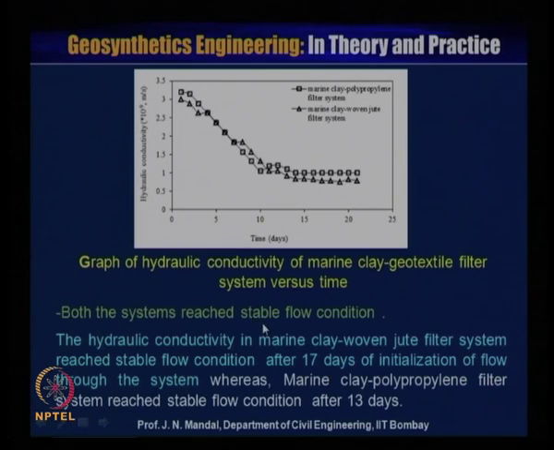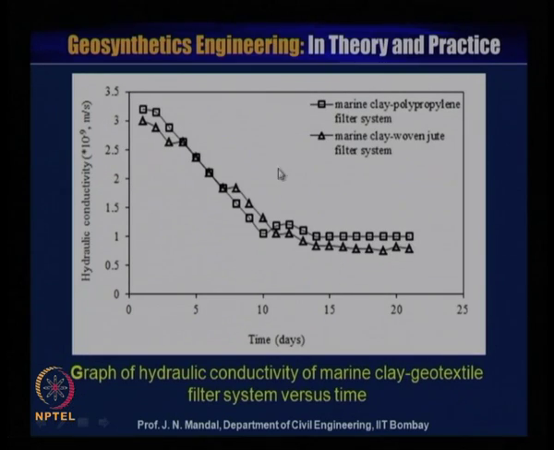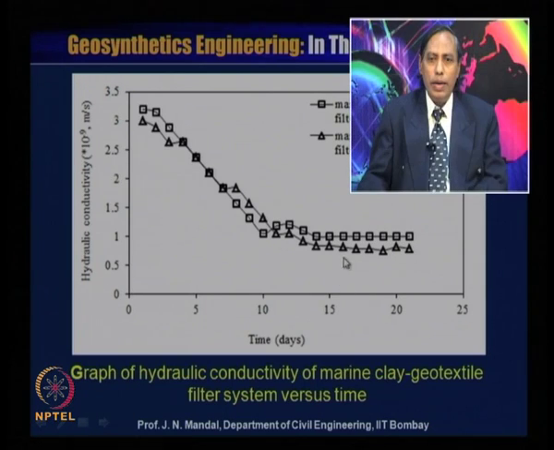So both systems reach a stable flow condition. The hydraulic conductivity in the marine clay oven jute filter system reaches stable flow condition after 17 days of the initialization of flow through the system. You can see that in the case of the oven jute geotextile material, after almost 17 days it is in equilibrium, and after that it is almost constant.